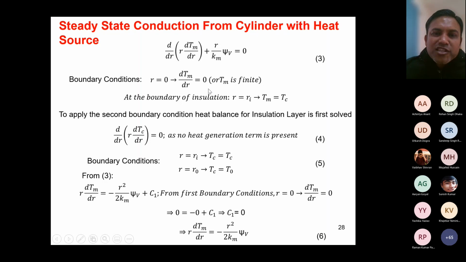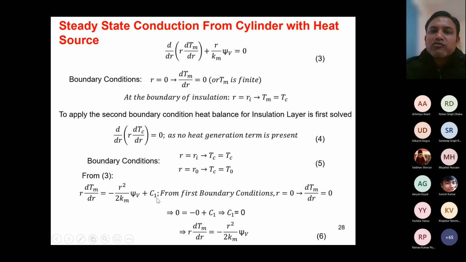Then you can apply the first boundary condition, which is dTm by dr equals 0, isn't it? If you apply this, dTm by dr becomes 0 and r is already 0, so that means you get C1 equals 0. So this C1 we have already obtained.